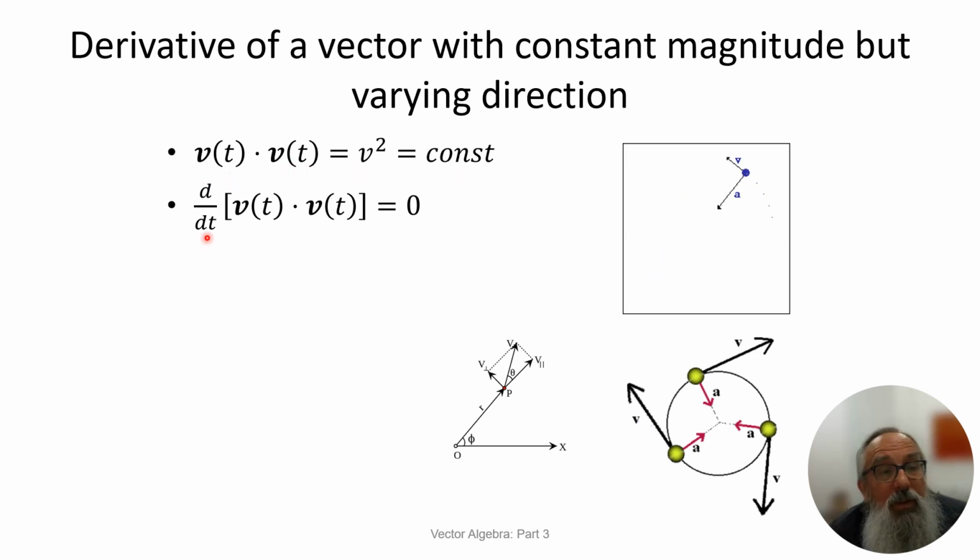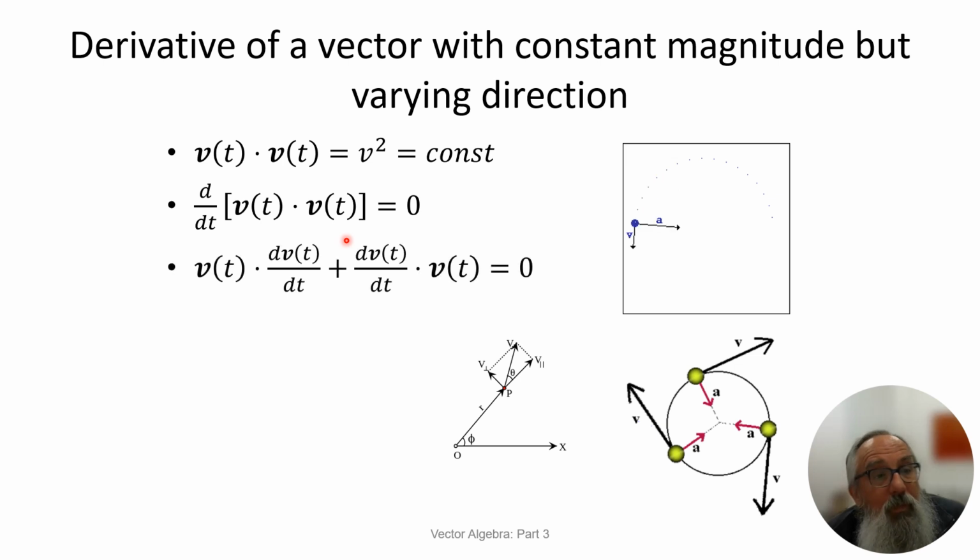We have d(v squared)/dt, which is v dotted with v, equal to 0. What does that mean? Either v is 0 or the cos of the angle is equal to 0.